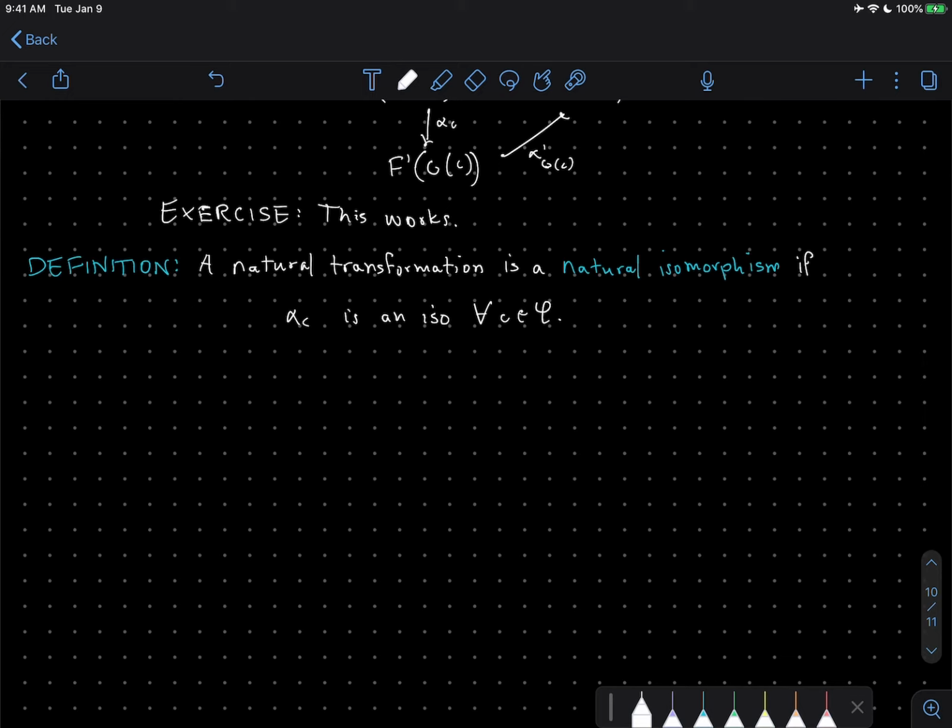With this in hand, we can talk about two different notions of equivalence for categories. One of them is bad, and one of them is better.